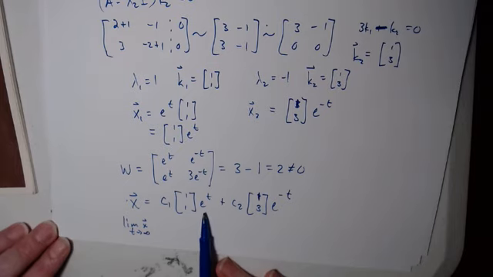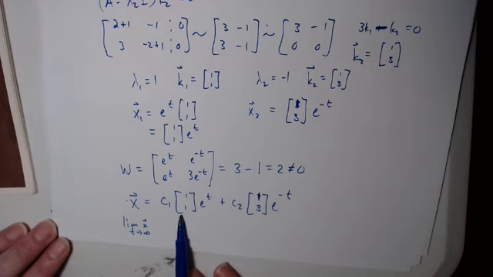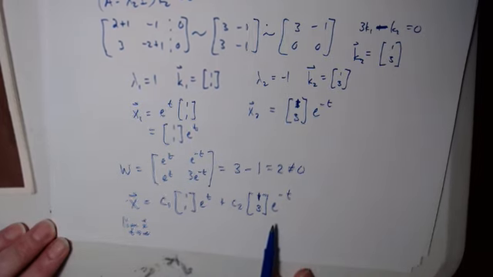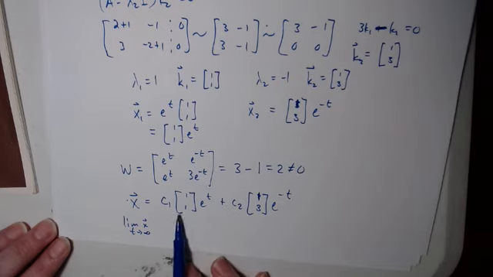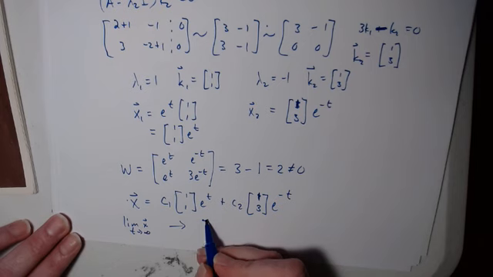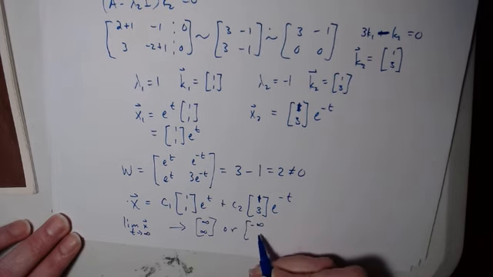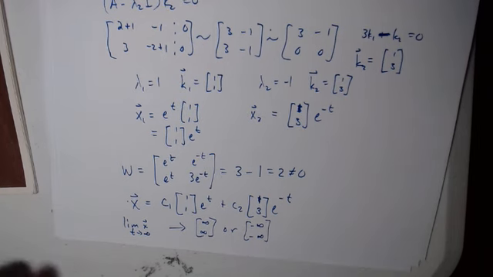As t goes to infinity, based on the sign of c1, this is either going to go to positive or negative infinity in both the x and y coordinates. This solution here will go to 0, so it won't affect anything as t goes to infinity. But that solution will either go to infinity, infinity, or minus infinity, minus infinity.